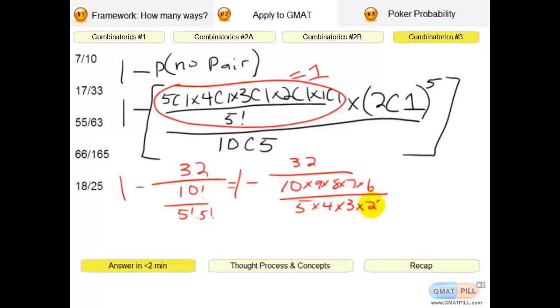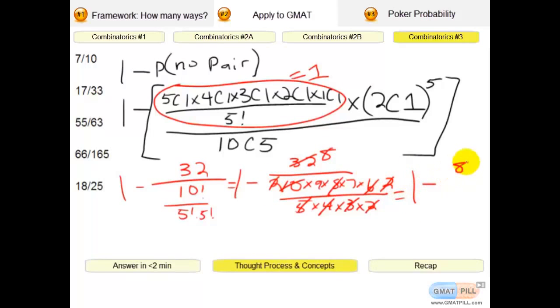This 2 and 3 cancels with the 6. This 5 gets rid of the 10. You get 2 left. 4 and 8 gets you 2 left. This 2 and this 2 combine to make 4, and that 4 cancels out with the 32 8 times. So that gets rid of this. So you're left with 1 minus 8 over 9 times 7.